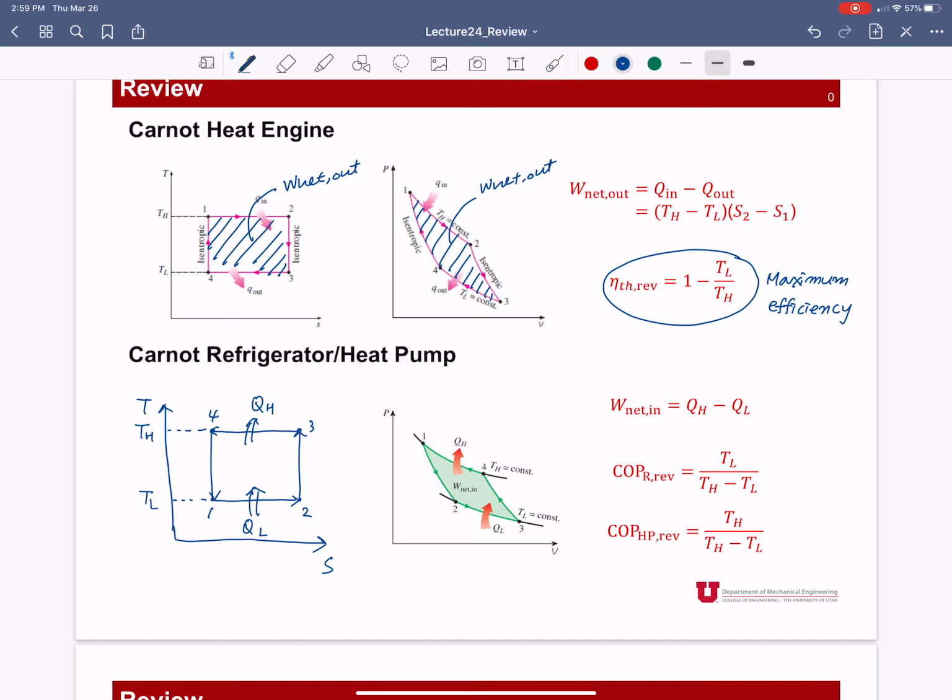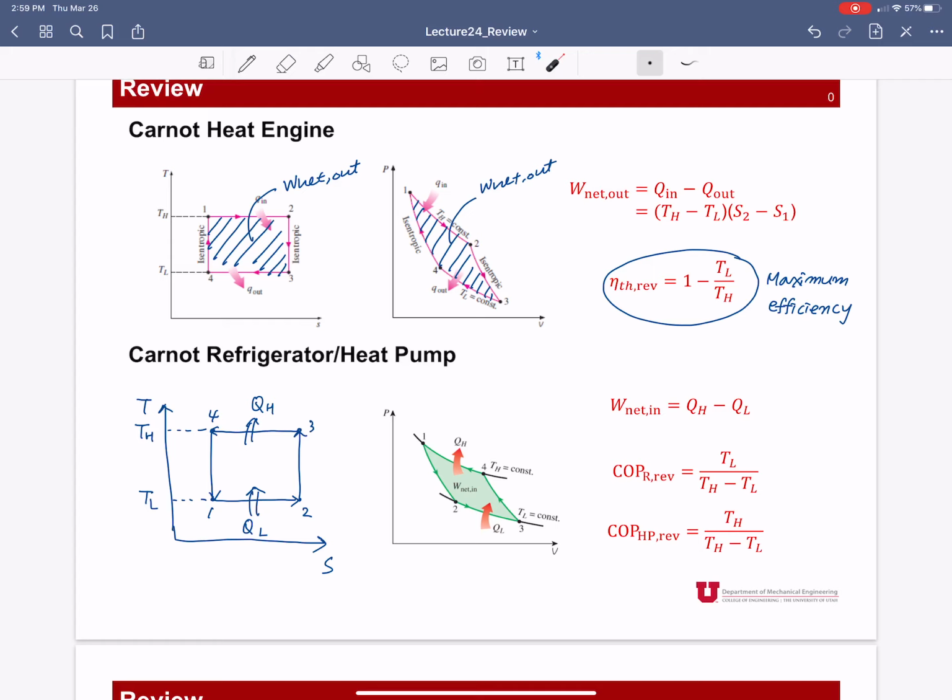We also can draw the same shape in the PV diagram as the Carnot heat engine, but the direction is reversed. It's basically wholly reversed, in the counterclockwise direction. Now we can apply the first law of thermodynamics for that Carnot cycle to get this equation. The amount of work that we have to put into the Carnot refrigerator, that is W net in, can be calculated by QH minus QL.